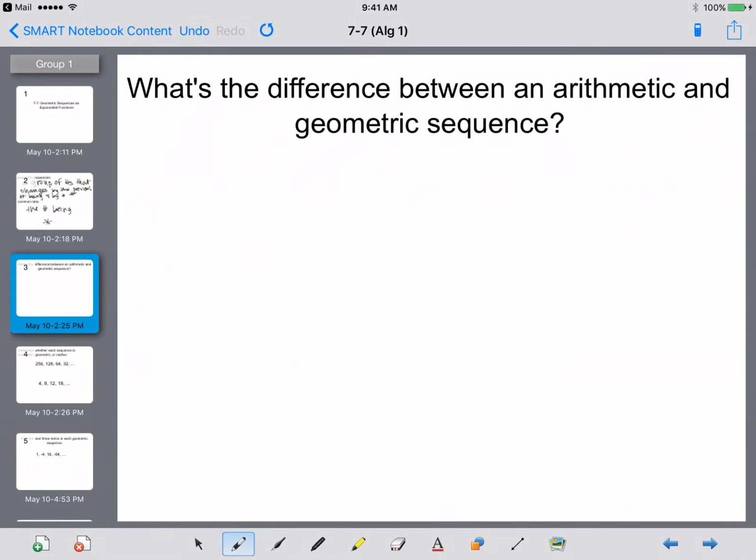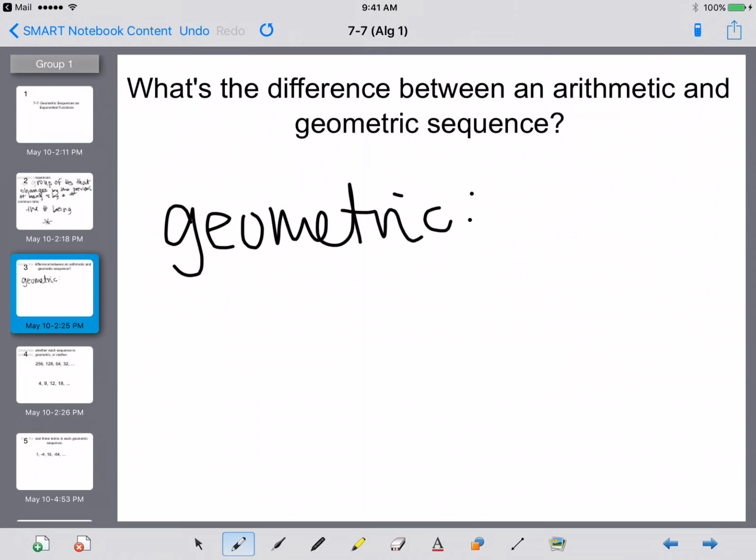So here I want to know what's the difference between an arithmetic and a geometric sequence. So we just said geometric sequences, we're multiplying. And also remember that when you divide by a number, it's the same thing as multiplying by its reciprocal. So even if you're dividing, it's a geometric sequence.